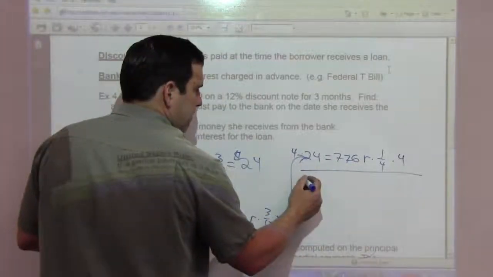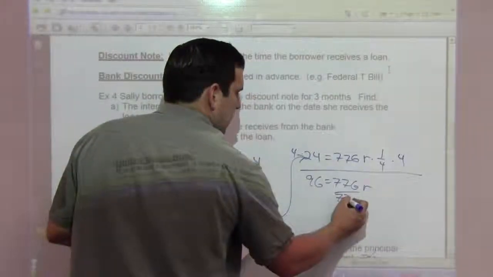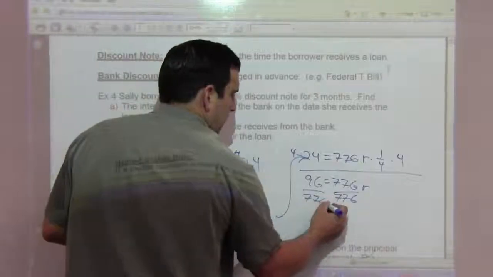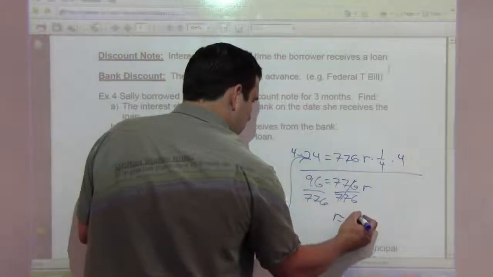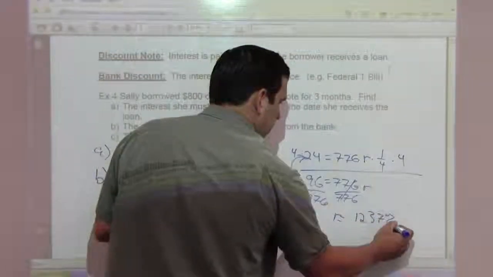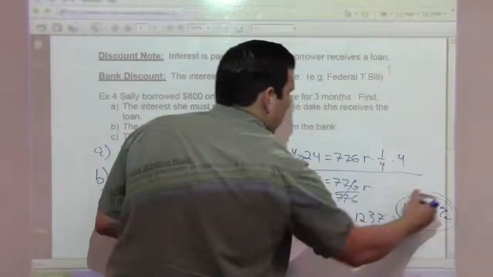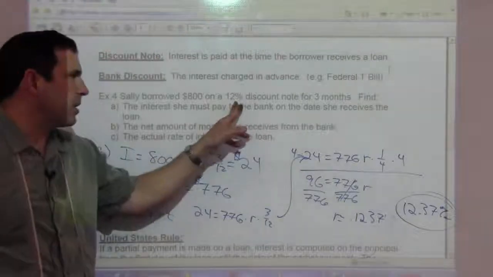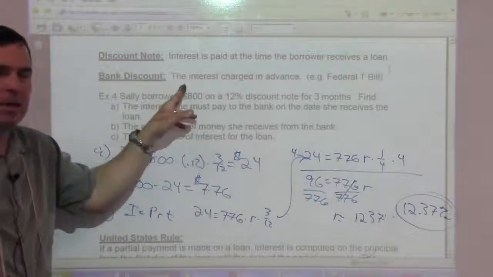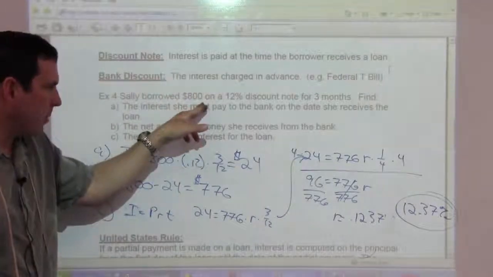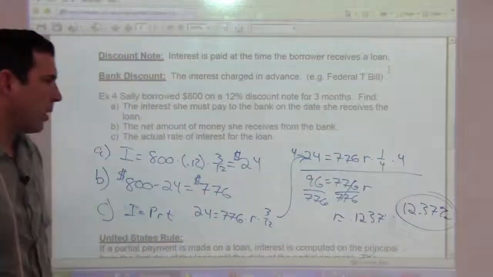That's going to be 96 equals 776 times R, divided by 776. R would be 0.1237, which is really 12.37%. So it's advertised as 12%, but 12% of 800 is 24, so she pays back 800, and the 24 is taken away from the amount she receives. She's really paying a 12.37% rate.